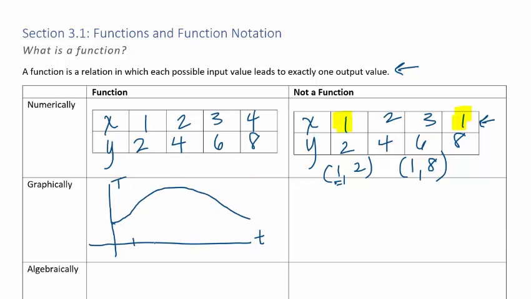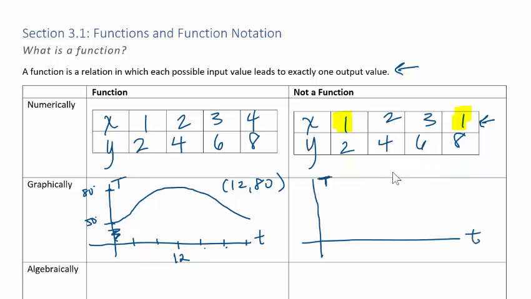So every particular time has only one temperature associated with it. What we see is that 12 or noon is paired with only one temperature, which is 80 degrees. And any other time is also paired with only one temperature.